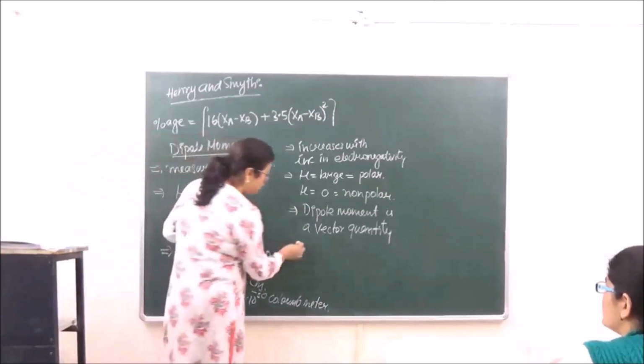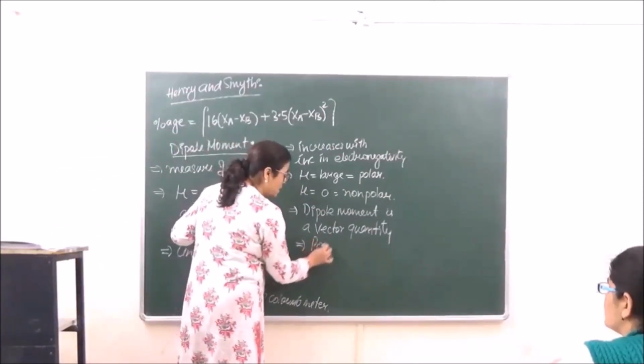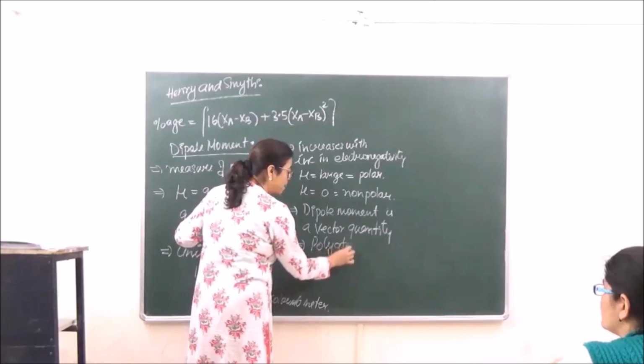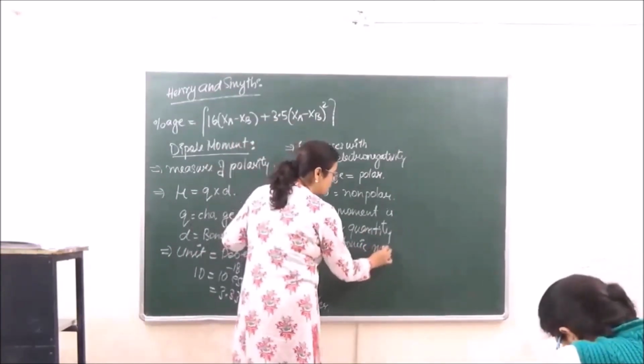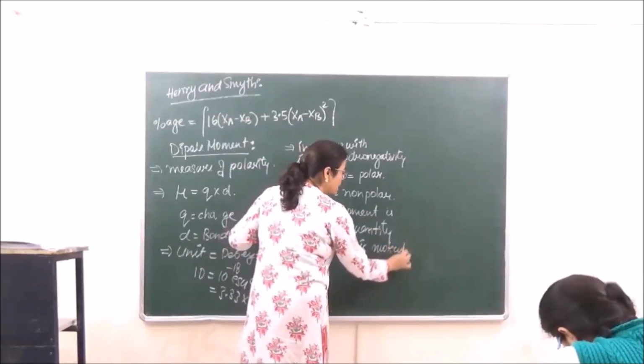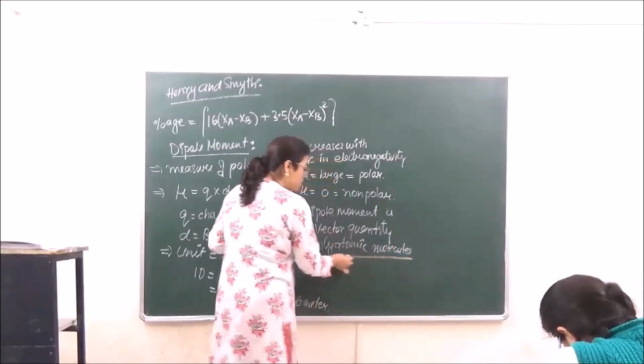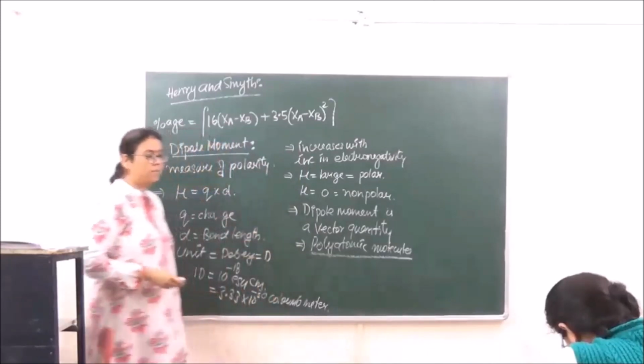Now over here we are going to discuss polyatomic molecules. Polyatomic molecules are molecules which have more than 2 atoms. Okay?